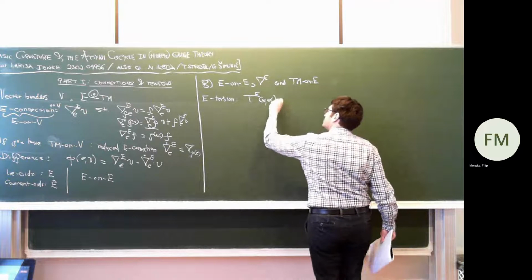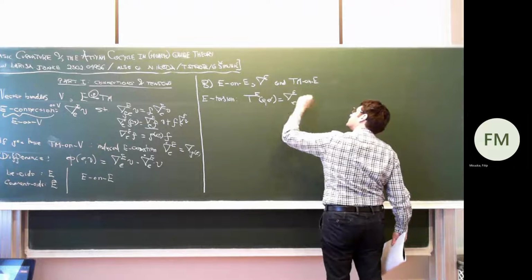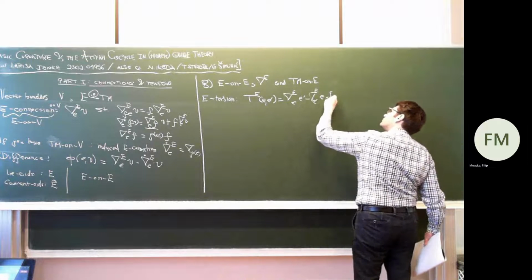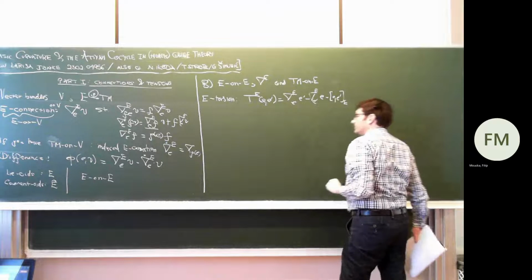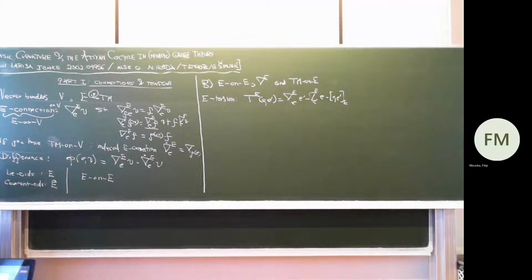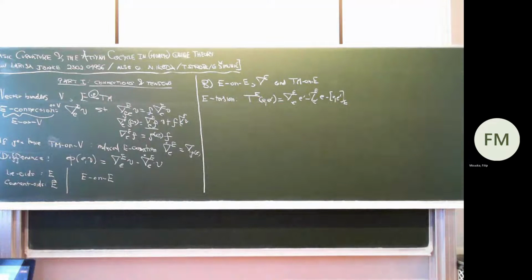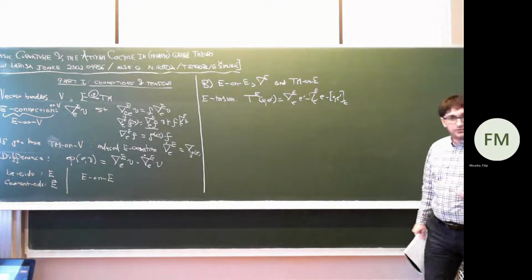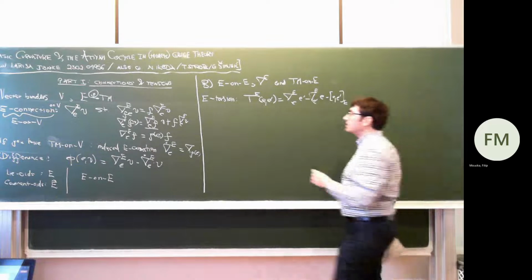It takes two sections, and it's the usual definition of a torsion: the difference between these two covariant derivatives, minus the bracket between the two. This is the Lie bracket on the Lie algebroid. So that's a reasonable torsion tensor that one can define. Of course, it agrees with the ordinary torsion tensor when the Lie algebroid is the tangent bundle.